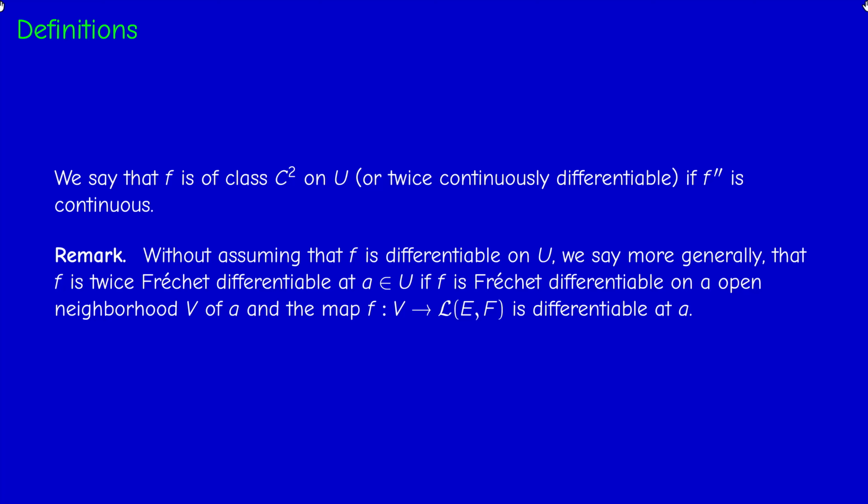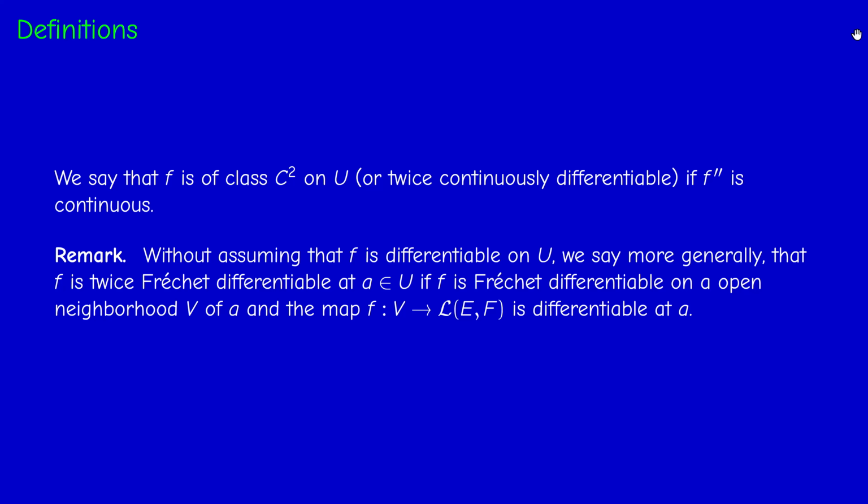Okay. Now, we don't need to assume that F is differentiable on U in order to define the notion of second derivative. It's enough that F prime be differentiable on a small neighborhood V of A included in U. This is F prime, not F. But in practice, this makes little difference because differentiability, as you know, is a local property.